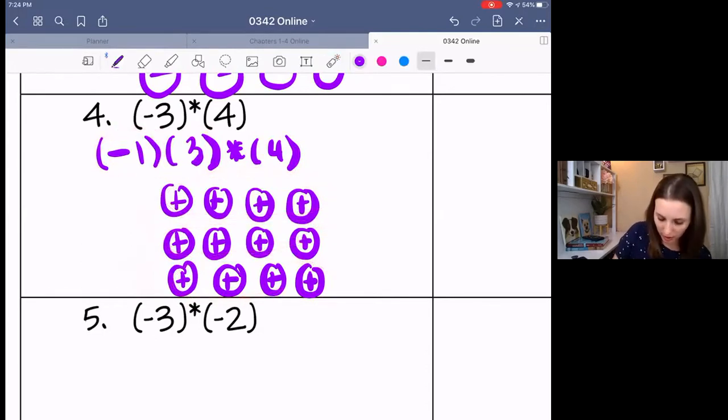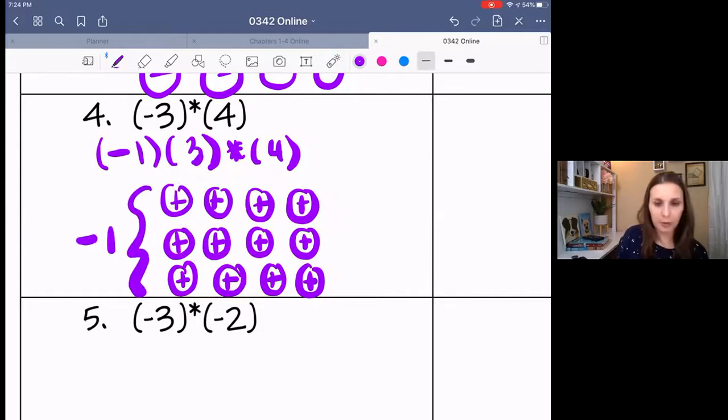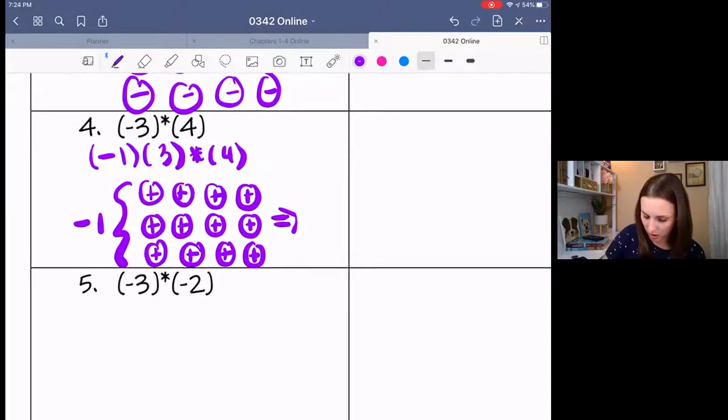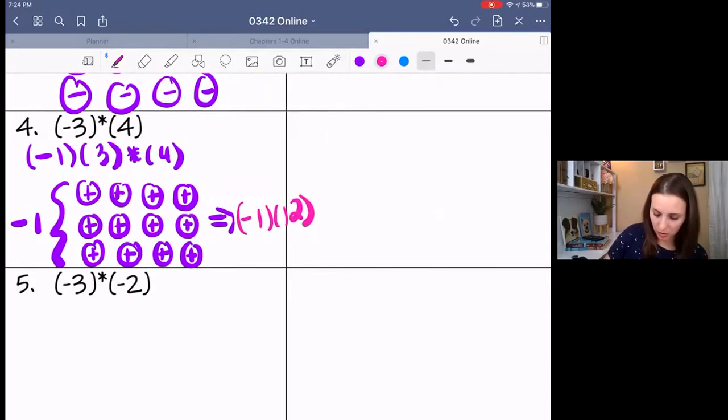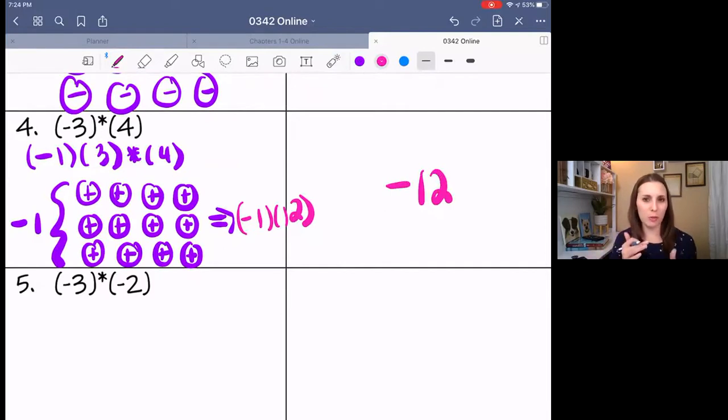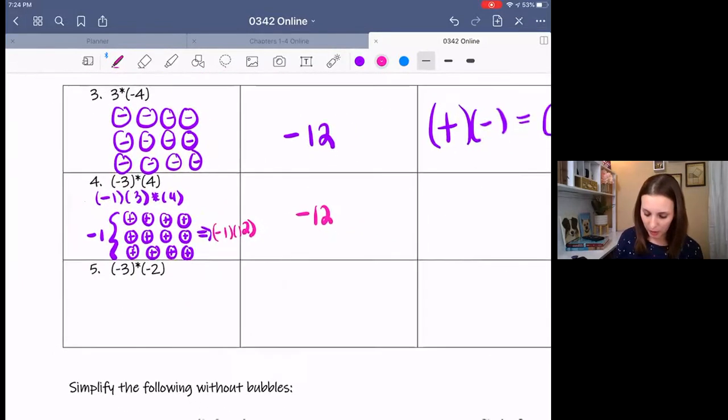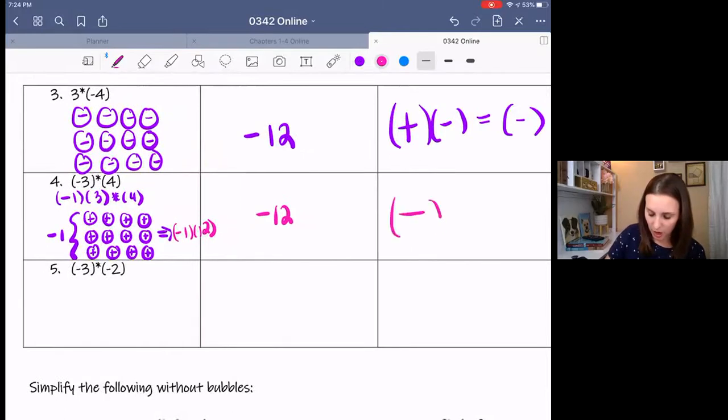So outside, I'm going to put a -1, which means that I'm going to multiply whatever my answer is by a -1. So that ends up being -1 times 12, which is -12. So that's just another way to look at it. I think the commutative property is a little bit easier, but you can choose which one makes more sense to you. It doesn't matter to me. But in either case, negative times positive gave us a negative answer.